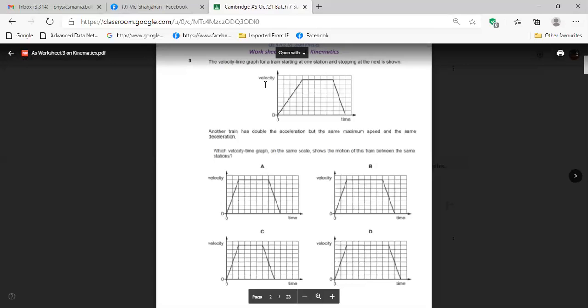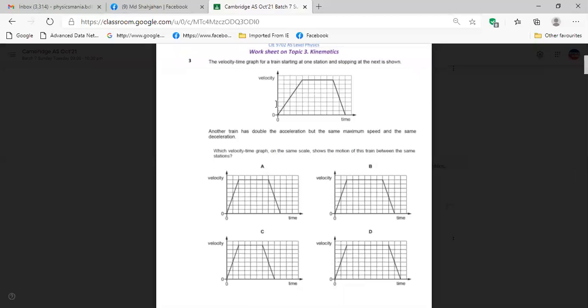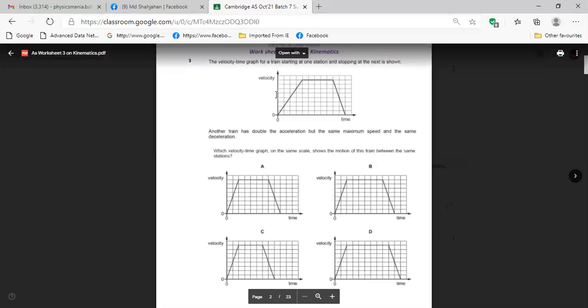So how many squares are here? 1, 2, 3, 4, 5, 6, 7, 8, right? So from here till here, we can write 8 meter per second.